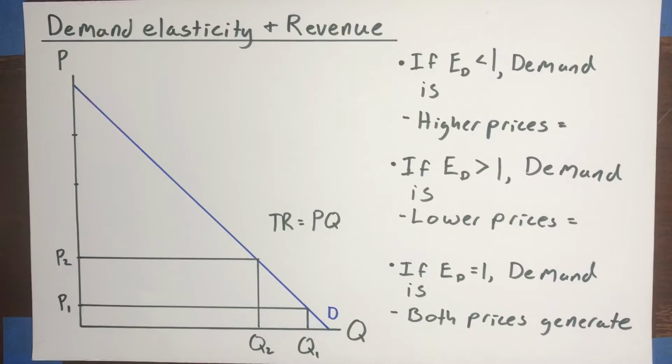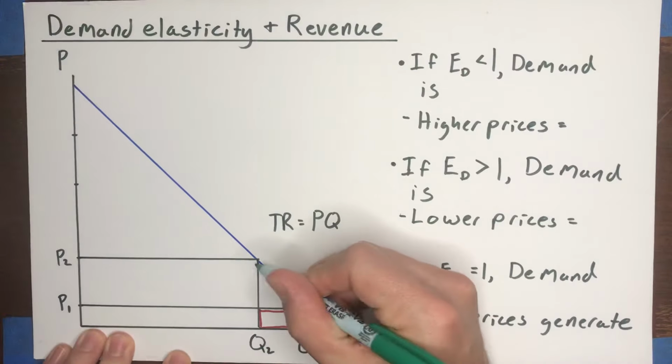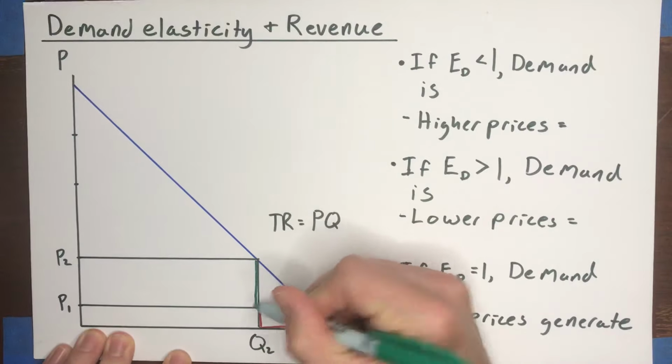This area right here between Q1 and Q2 represents units that you're not selling anymore, and so that is a loss of revenue. I'm going to highlight that area in red. That's revenue that you were earning by selling those extra units that you're not earning anymore. However, on these Q2 units that you're still selling, you get to sell them at a higher price.